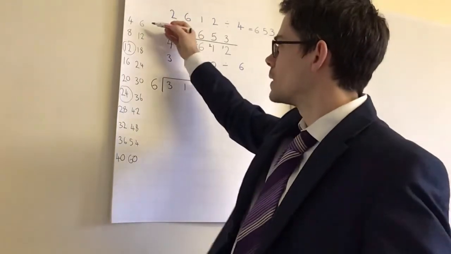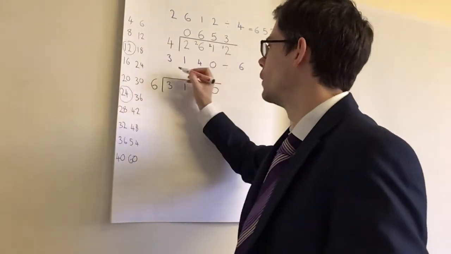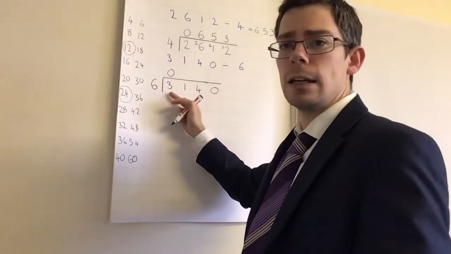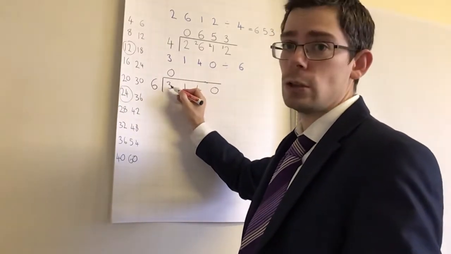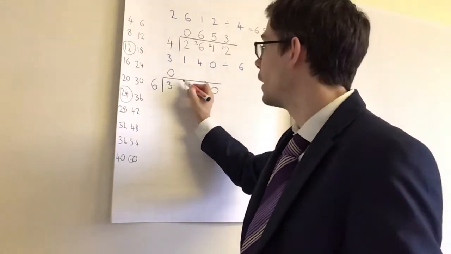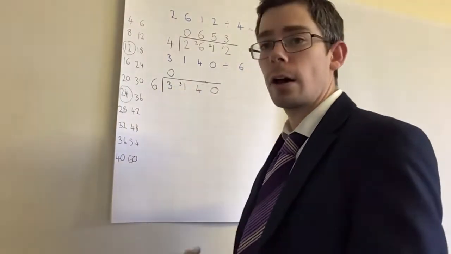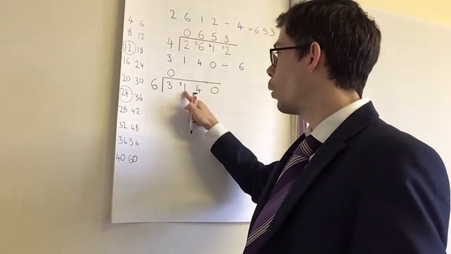The first number in the 6 times table is 6. So there's no 6s in 3. So that 3, I haven't used any of it yet because it's just spare, so I need to move it along into my hundreds column to make 31.